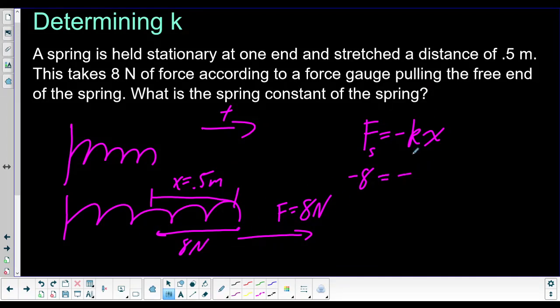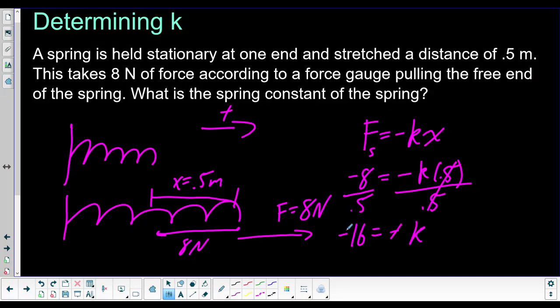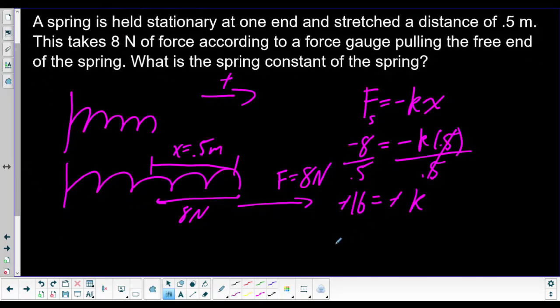Equals negative k times x of 0.5. So we divide both sides by 0.5. Dividing by 0.5 is the same thing as multiplying by 2. So this will be negative 16 equals negative k. And then the negatives cancel, and k equals 16 newtons per meter.